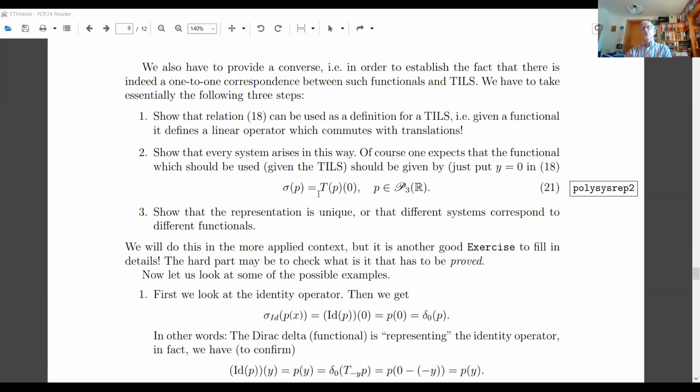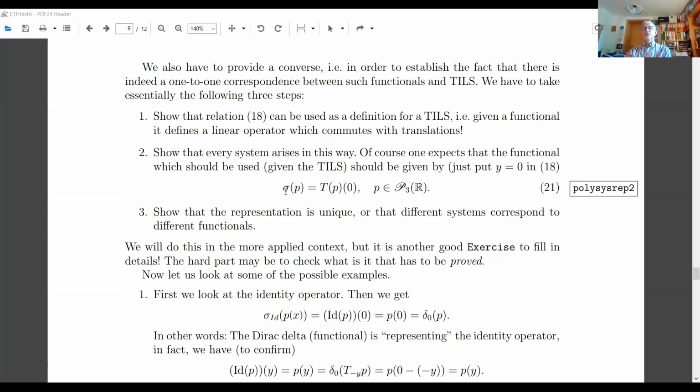It's another cubic polynomial by assumption. And this cubic polynomial has a value at 0, and of course, evaluating at 0 is a linear function. So the composition is a linear system, then a linear functional defined on the input signal. And so with this, you are getting a representation, and you can read it both ways.